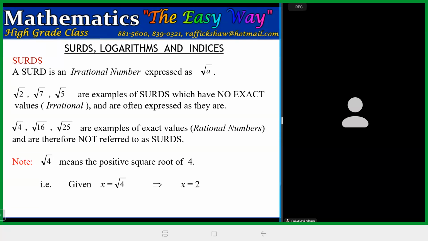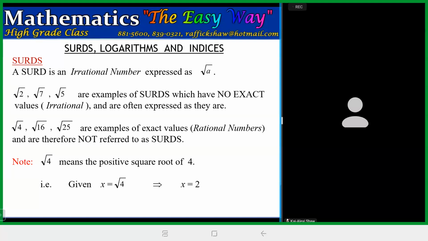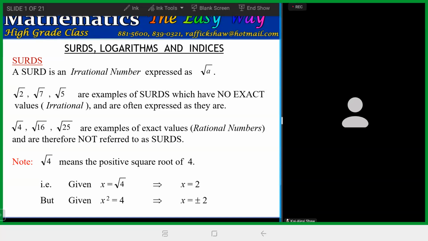Alright? So if I tell you that x is equal to the square root of 4, then it means that x is equal to 2. Don't put no plus or minus on it. But if you have that x squared equals 4, and you have to produce the solution for this, then it means that x can now be plus or minus 2.